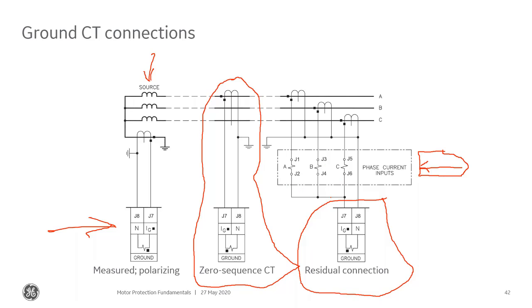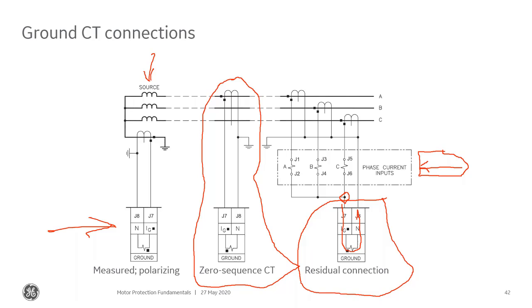What we have right here at this little dot is the vector sum of these three currents. So the difference in those currents will be driven through this ground input.